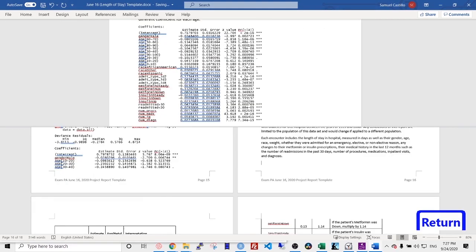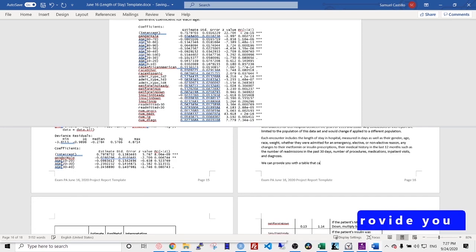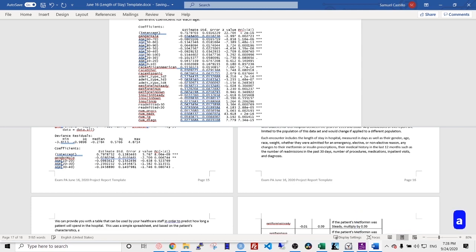Some introduction. So we can provide you with a table that can be used by your healthcare staff in order to predict how long a patient will spend in the hospital. This uses a simple spreadsheet, and based on the patient's characteristic, adjusts their length of stay.